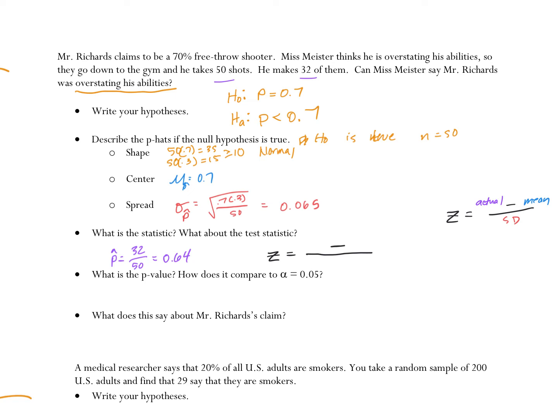Okay? What was the actual thing that happened? The 64%. He made 64% of his shots. What's the mean? The standard deviation?